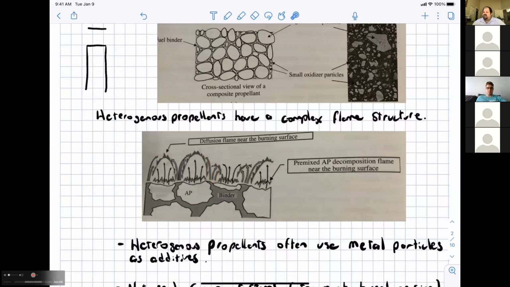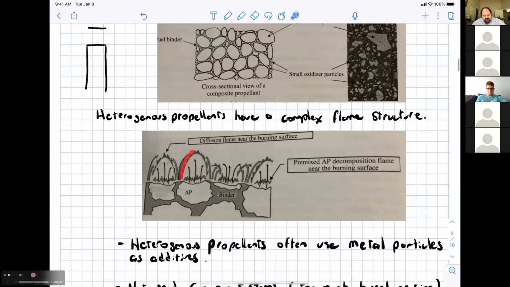And if you add enough heat to where you're either burning the ammonium perchlorate or vaporizing it, which I'm not going to use the term, don't ever quote me on that. That's a very bad term for ammonium perchlorate. But if the ammonium perchlorate is burning with its own little flame, the products of ammonium perchlorate are oxidizer rich. And so this oxidizer rich region will mix with this fuel rich region here to produce a very large diffusion flamelet, basically surrounding each ammonium perchlorate crystal.